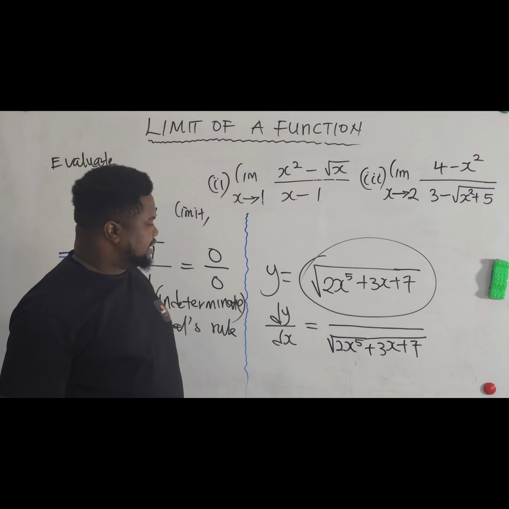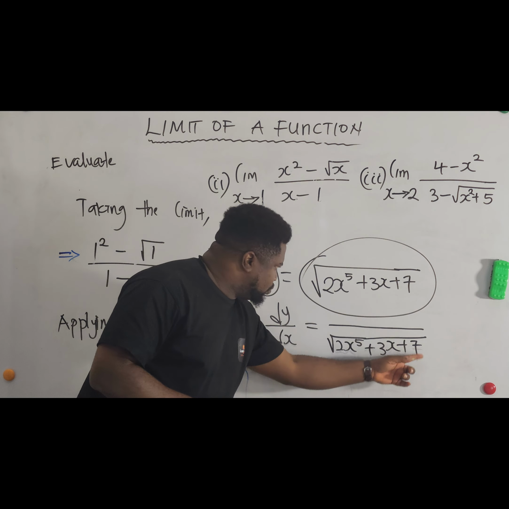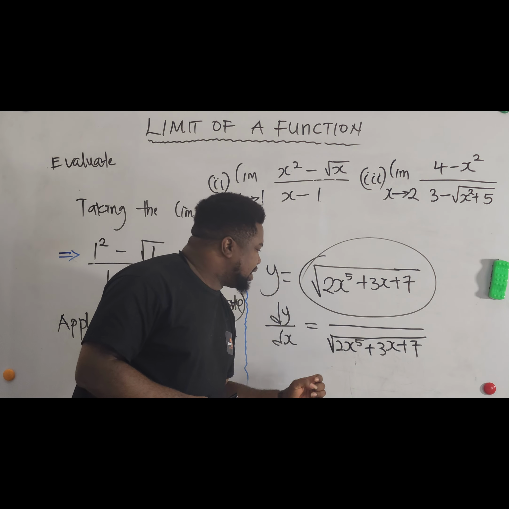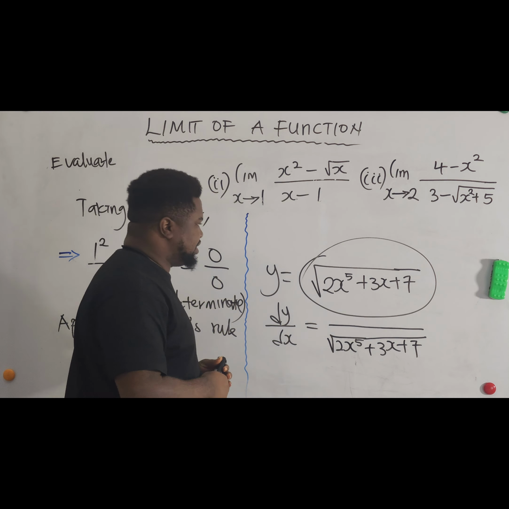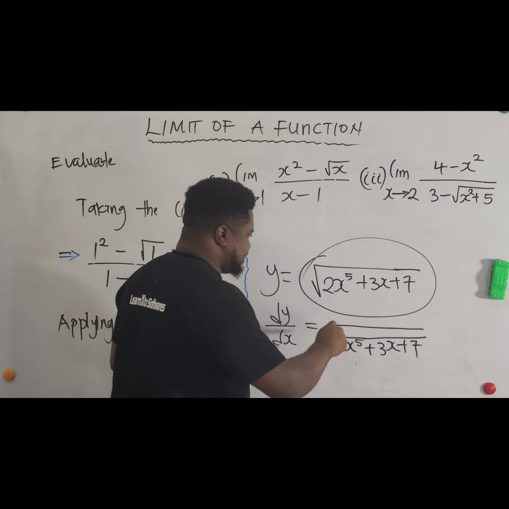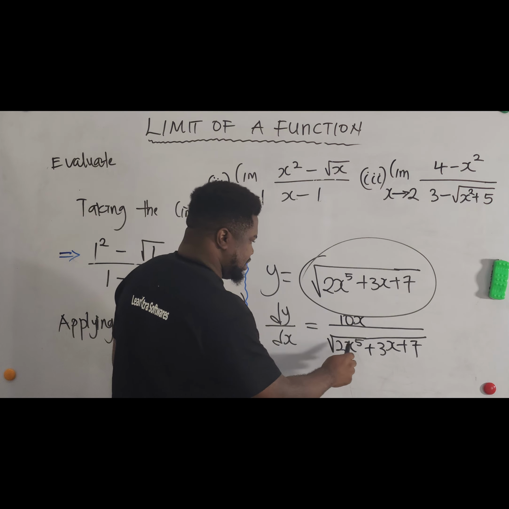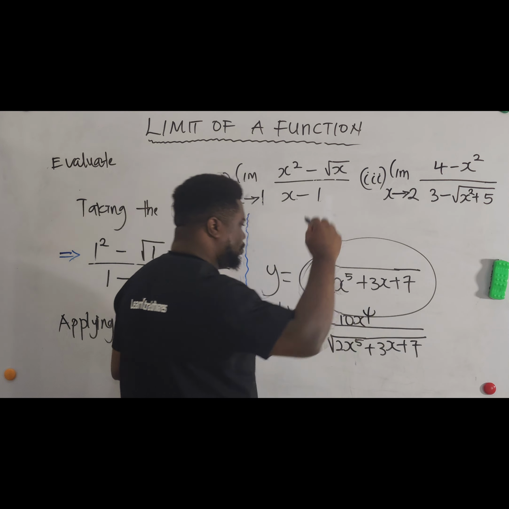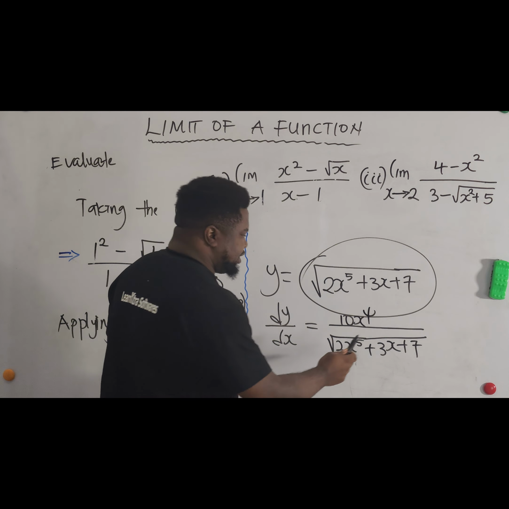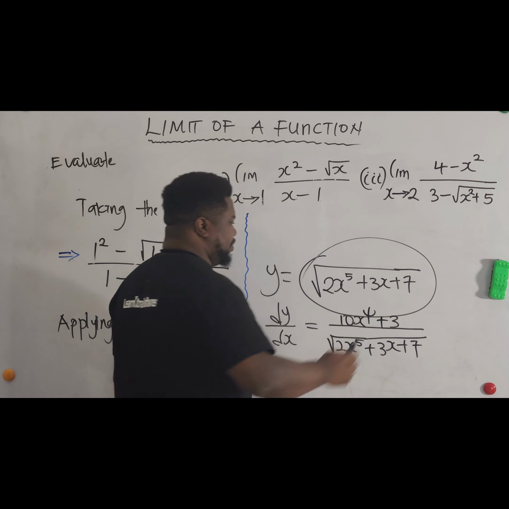Now differentiate the content of your square root. Everything inside the radical symbol, differentiate it. 2x power 5 will give us 10x power 4. 3x will give us 3. 7 will give us 0.